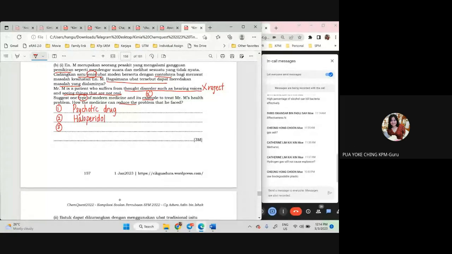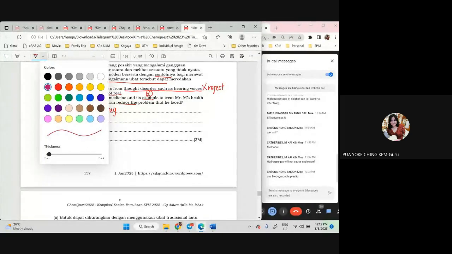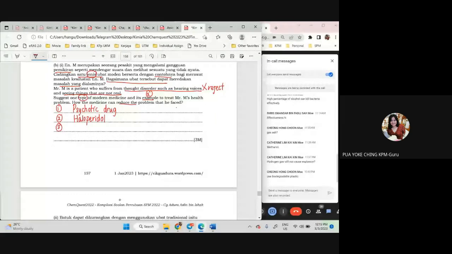You cannot just write mengurangkan masalah pemikiran. All these things ada satu term that we call hallucination. Okay kan? Halusinasi. So, ubat ini mengurangkan halusinasi. Dan betul.